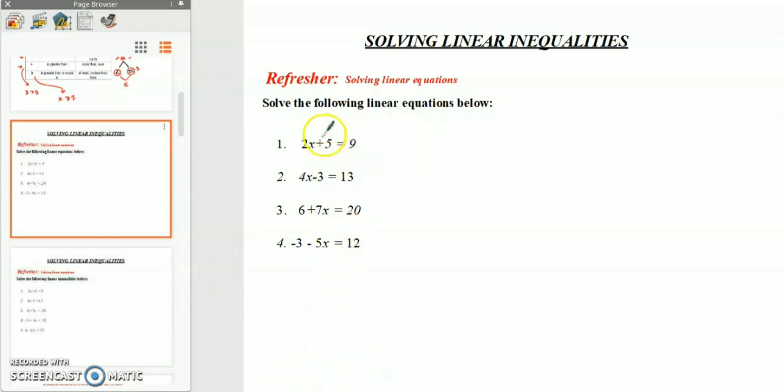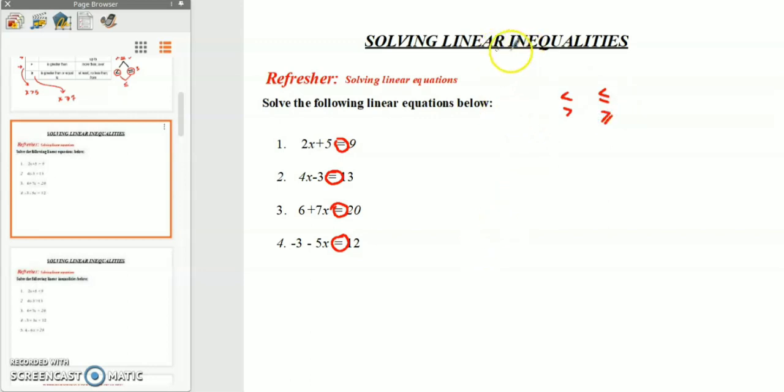However, with the symbols, in the equations we have an equal sign for each of these. But in the inequalities, you wouldn't have an equal sign. You would either have less than, greater than, less than or equal to, or greater than or equal to.